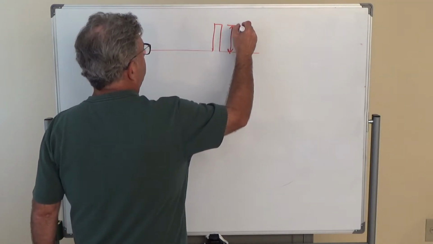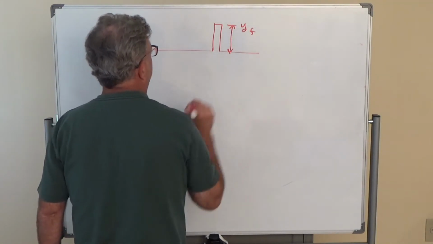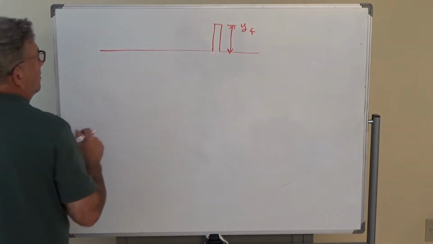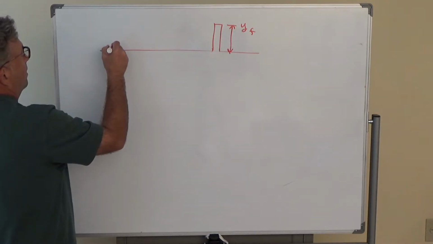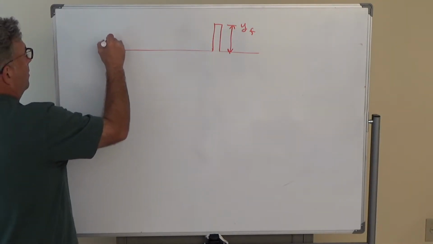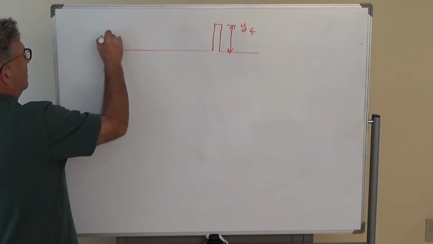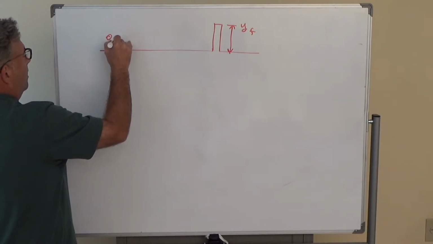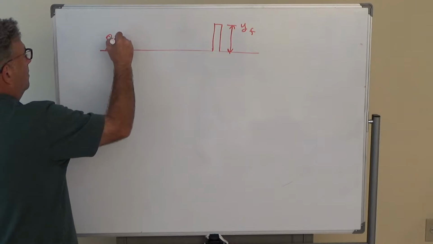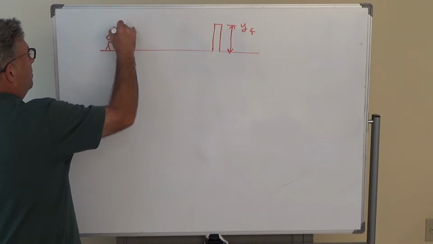I'm just going to call this Y final. Here is the starting point, and here's V initial.